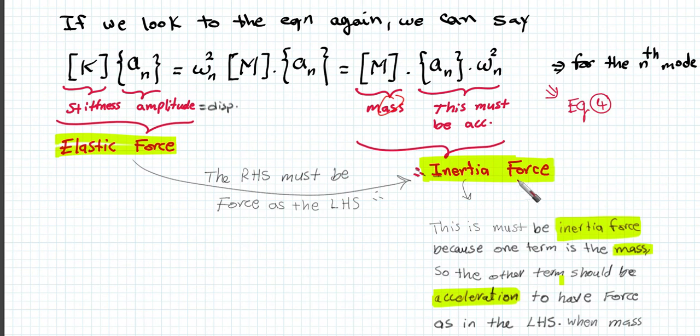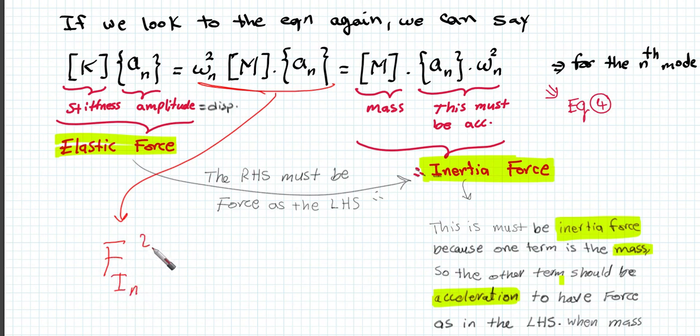That's the physical meaning of the inertia force, right? So now we can say this term here is F(I) n, for example. It is the inertia force vector for the nth mode. Okay, that's what we have already explained before.